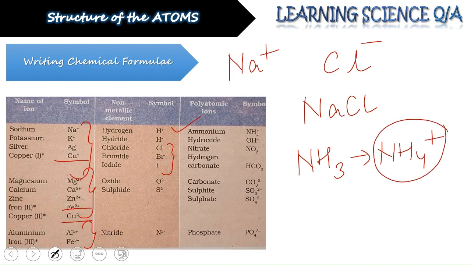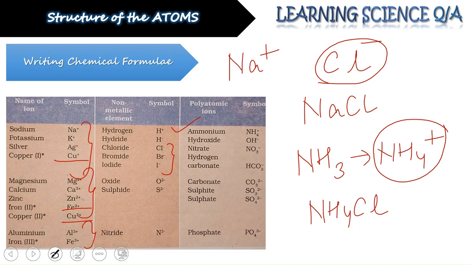So whenever this ammonium ion is combining, it will look for someone which is having just the opposite charge. That means, considering the example of chloride ion, this ammonium can form a compound like ammonium chloride, NH4Cl.